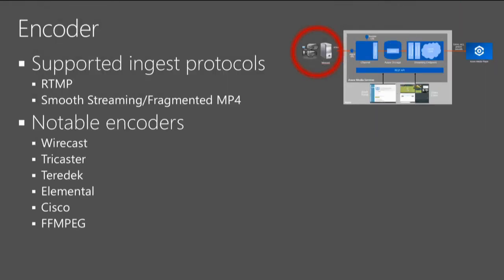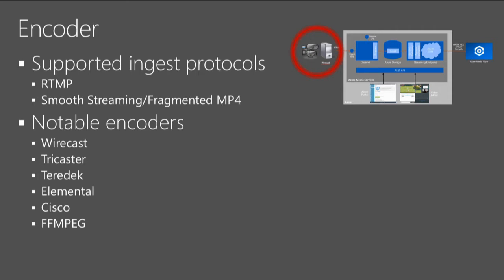As I mentioned, to start off with, over on the left-hand side, you're going to need a camera and an encoder. Now, as far as that encoder, our supported ingest protocols, in other words, you need an encoder that's going to be able to output over one of two protocols. Either RTMP, which by and far is what people are using today.